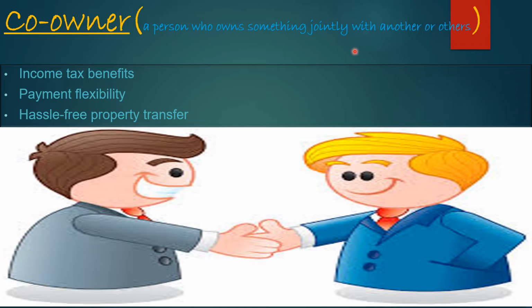And what are the advantages? The advantages can be income tax benefits, payment flexibility, hassle-free property transfer, and so many things. Okay, that's why in this picture you can see that two people are shaking hands, and they are becoming co-owners. And if everything goes well, they both are benefited in a number of ways.